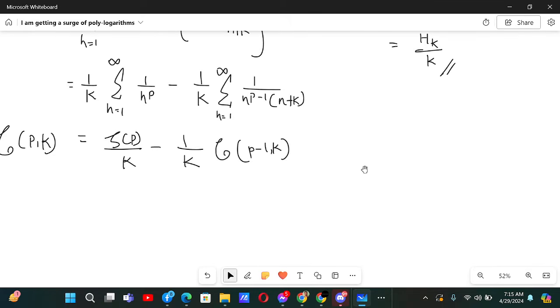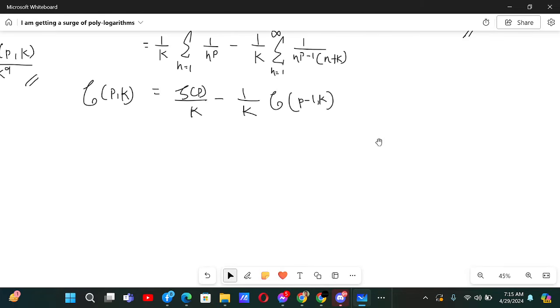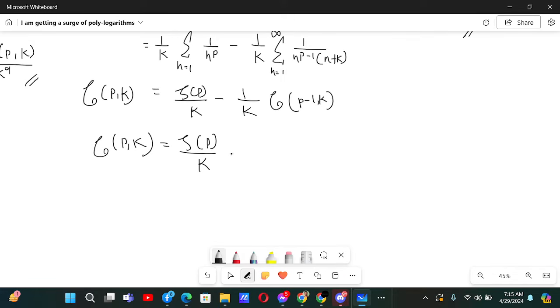And for p equals 1 we know what it's going to be. So now the function of p comma k will be, first of all, Riemann zeta of p by k minus 1 by k times the function of p minus 1 comma k. Similarly, this will be Riemann zeta of p minus 1 by k minus 1 by k times the function of p minus 2 comma k.